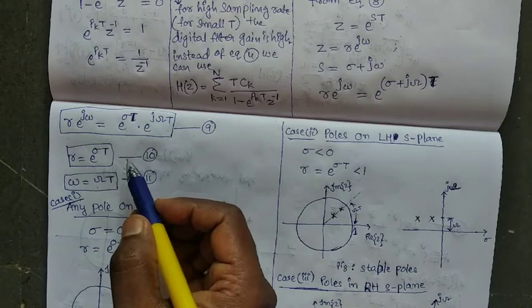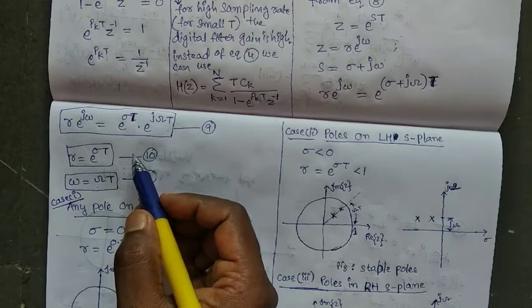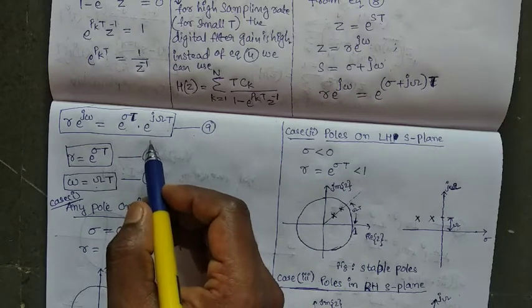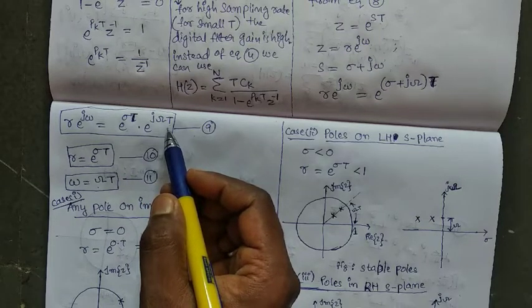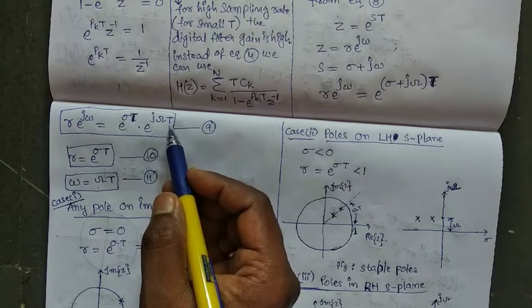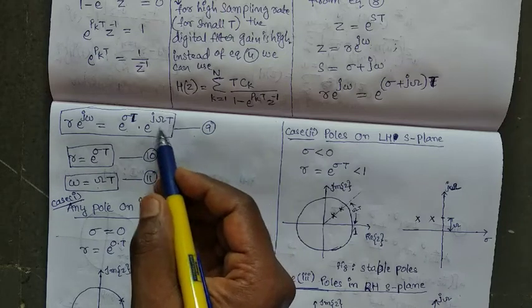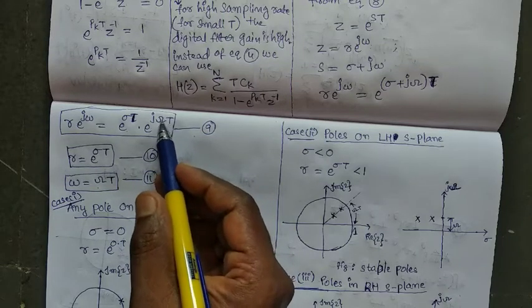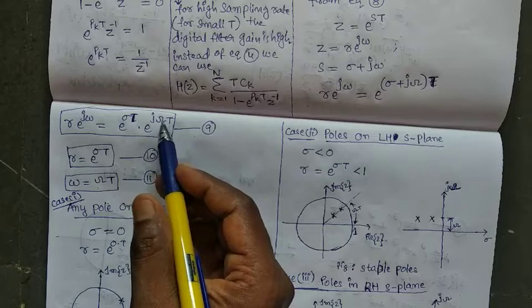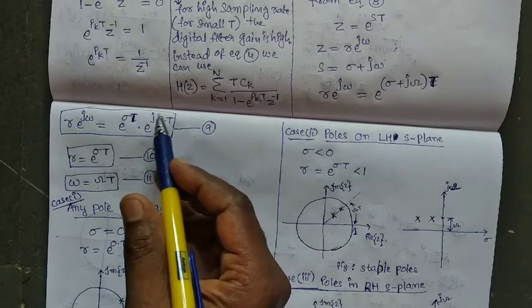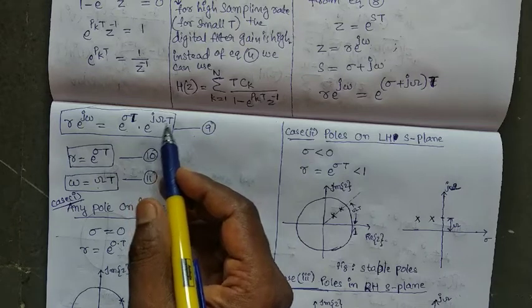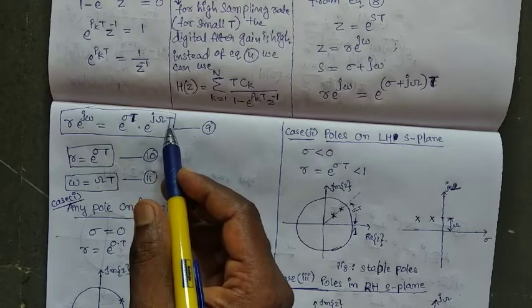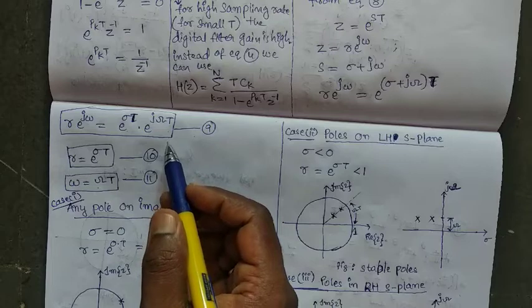What is the imaginary part of the analog pole? Omega T. It determines the angle of the digital pole.